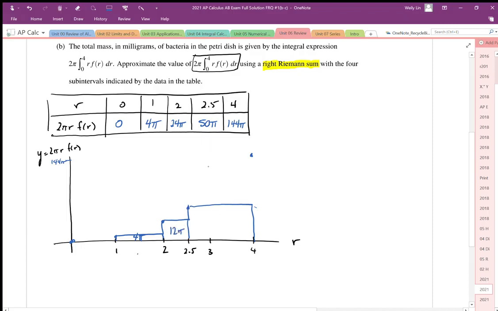This is a height of 50 pi. Okay, so that's going to be 50 pi about here. About 24 pi. And then our 4 pi is way down there. So this is going to be a height of 50 pi with an interval width of 1.5, so it's going to be 75 pi. So when I take the total area and add this all up, I'm going to end up with 91 pi bacteria, or milligrams of bacteria.